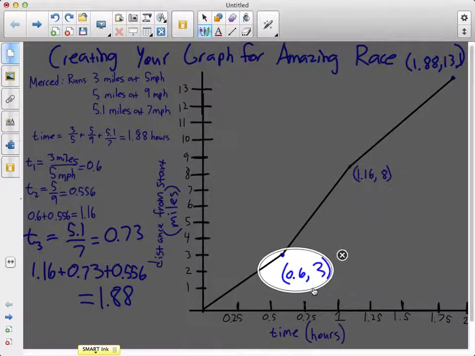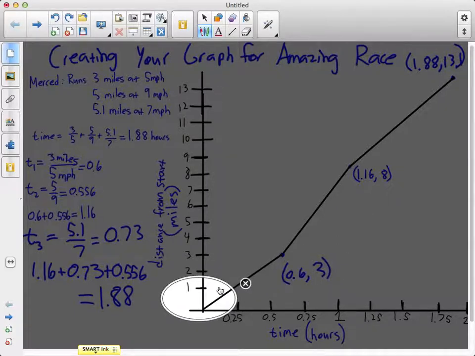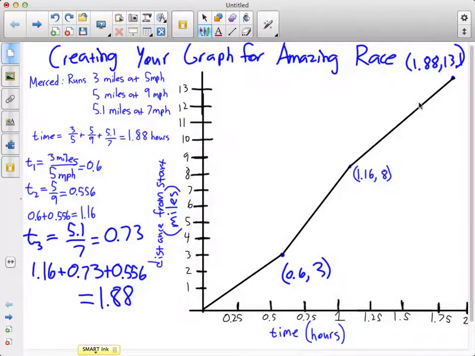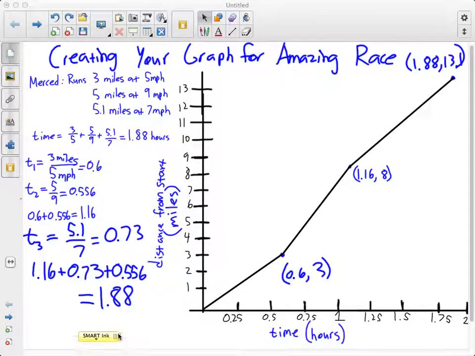The first and second segments pass through this point. Obviously, the first one starts at the origin, so that's an easy one. I'm not going to show you how to find these because I know that you already know how. You might review the how to write linear equations notes if you need a refresher. You know the slope and you know a point, so you can solve the equation for the y-intercept. All right, I hope this was helpful.